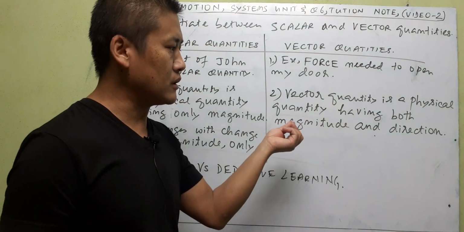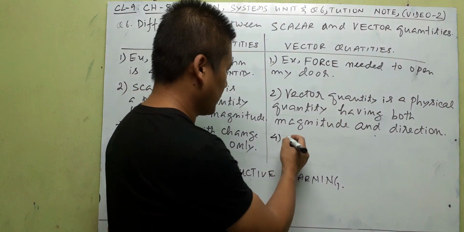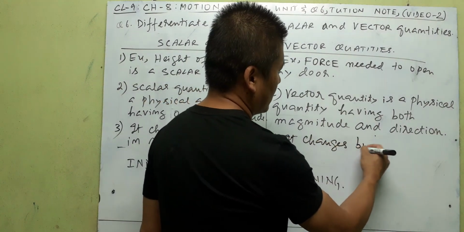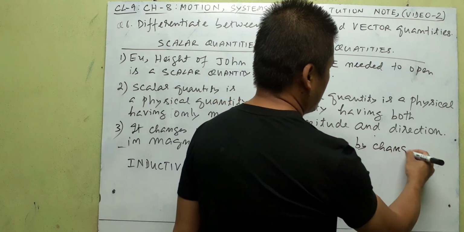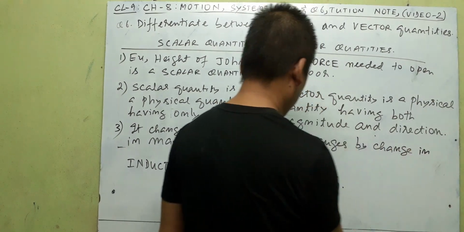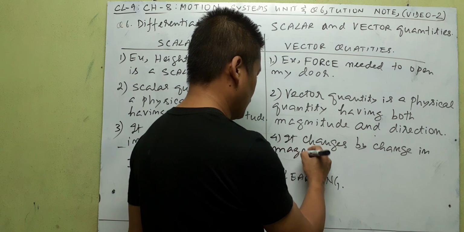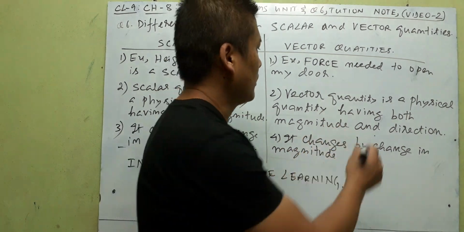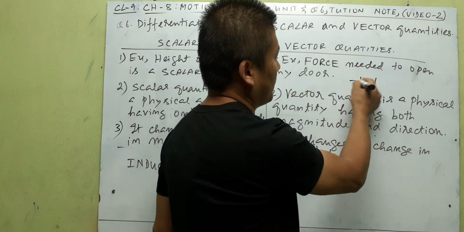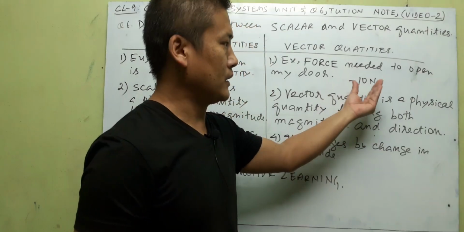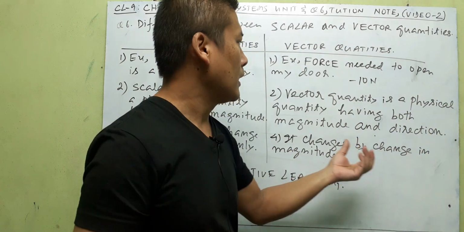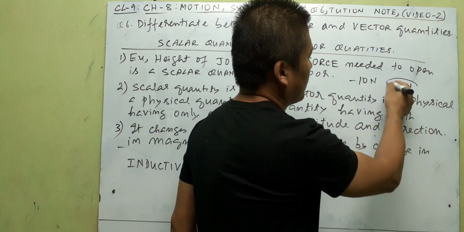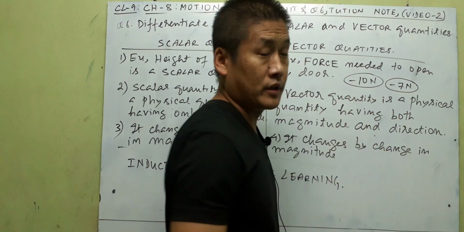Vector quantities can be changed by a change in magnitude. When you change the magnitude only, the vector quantity can change. Let us say minus 10 Newton is the force needed to open your door. Then you change only the magnitude: minus 7 Newton is the force needed to open another boy's door.